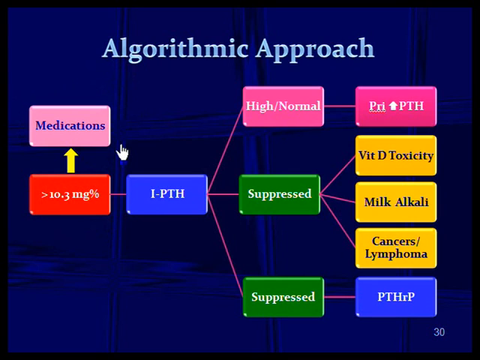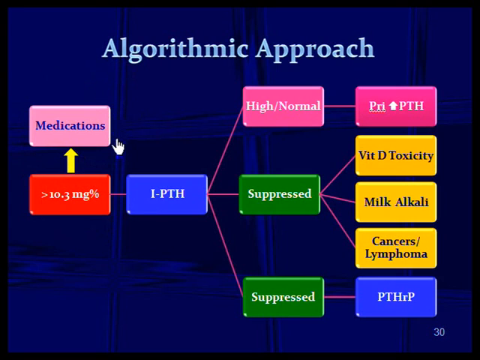Is he being injected vitamin D by his family physician, or is he himself taking vitamin D in any other form? Or milk alkali syndrome, excess of alkali consumption for peptic ulcer along with milk products, or is he on treatment for depression with lithium salts? This history has to be elicited, and if so, that medication has to be discontinued and hypercalcemia rechecked.